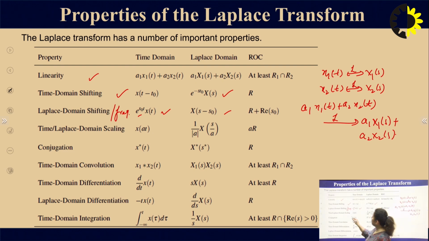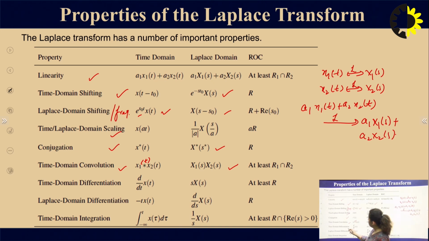Then the time scaling property: x(at) becomes 1 upon mod of a, X(s by a). Similarly, the conjugation property: x conjugate of t has Laplace transform X conjugate of s conjugate. Then time domain convolution: x1(t) convolved with x2(t) becomes multiplication in the frequency domain, X1(s) multiplied by X2(s).